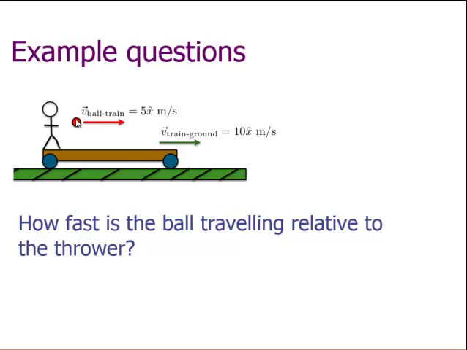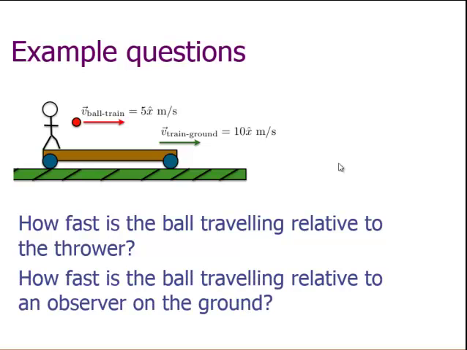Well, the thrower and the train exist in the same frame of reference. So the velocity of the ball is going to be the same as the velocity of the ball relative to the train. So our answer is going to be 5 meters per second to the right.